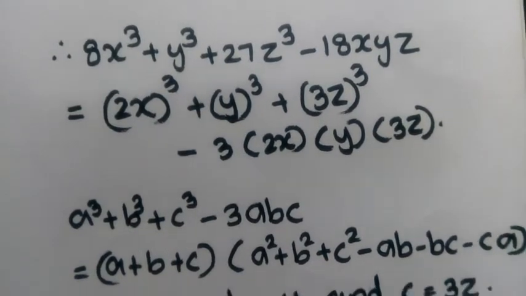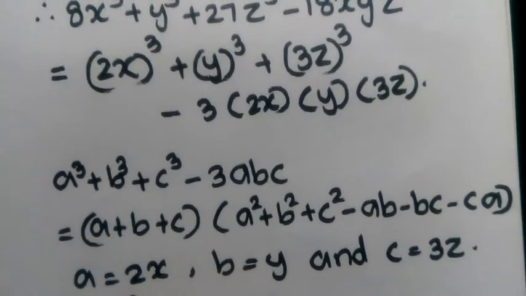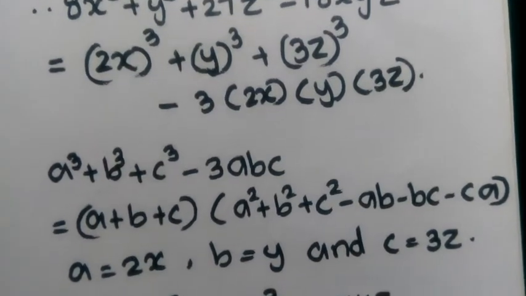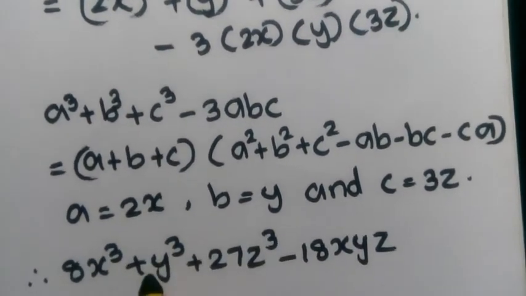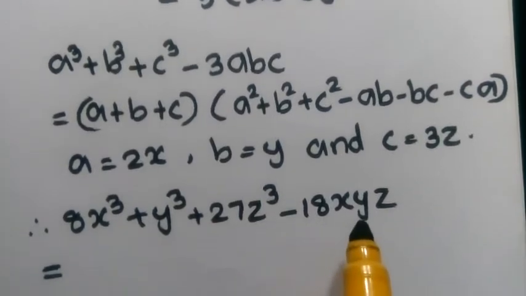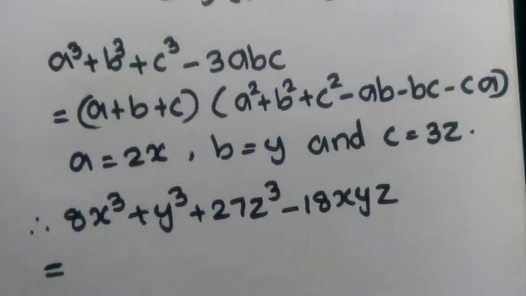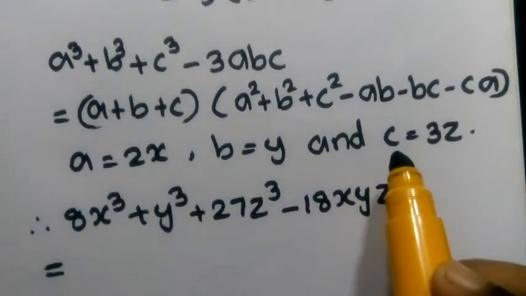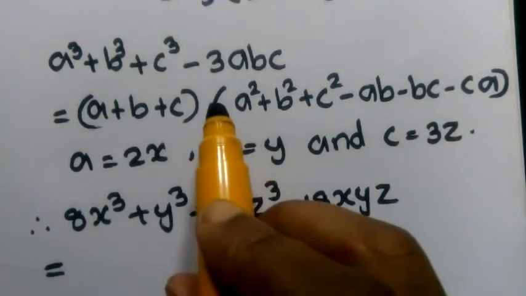Now we have a is equal to 2x, b is equal to y and c is equal to 3z. Therefore, 8x cube plus y cube plus 27z cube minus 18xyz is equal to, substitute the values a, b and c in the expanded form of identity 8.